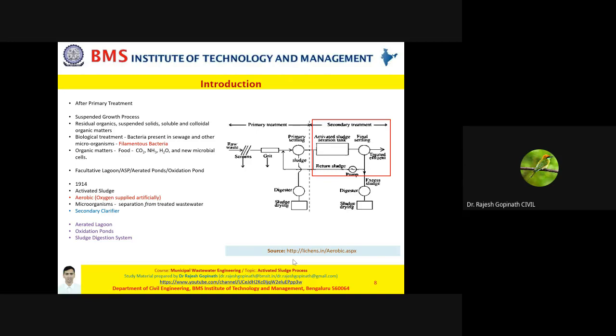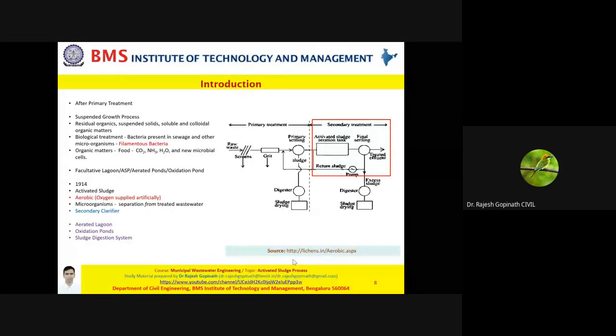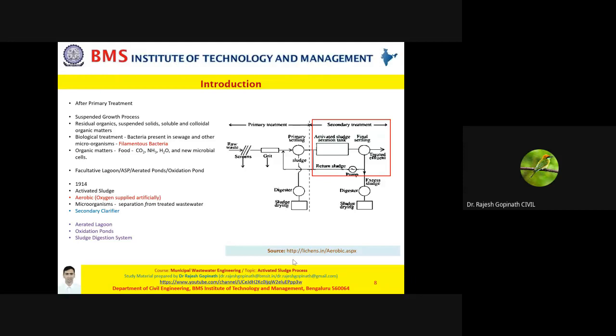Now let us move on. When I say secondary treatment and activated sludge process, am I only talking about a particular component? No. In your activated sludge process, importance is also given to the secondary clarifier.